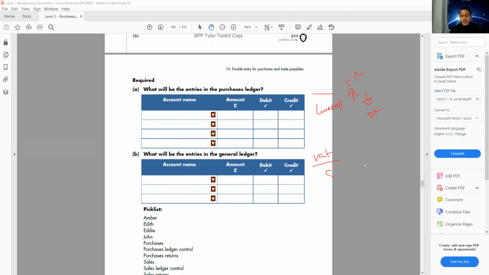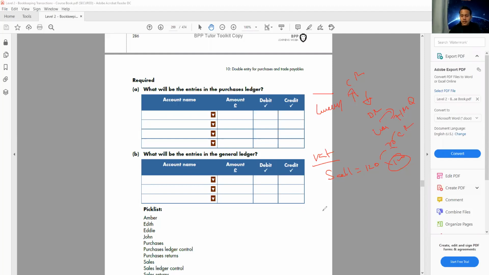When you make a sale, we collect the money from the customer. For example, if I charge one customer £120, out of 120, 20 is for the VAT and 100 for us. The customer gives us £120, £100 for the sale, £20 for the VAT. So this VAT ultimately we need to pay to HMRC. So this is our liability to pay to HMRC. So that's why this is a credit. So when you make a sale, then VAT is a credit.